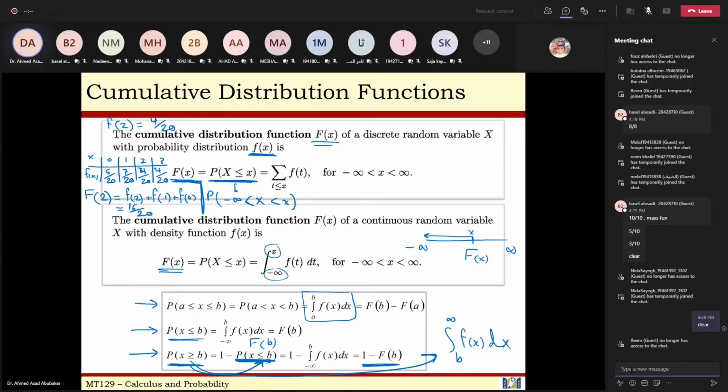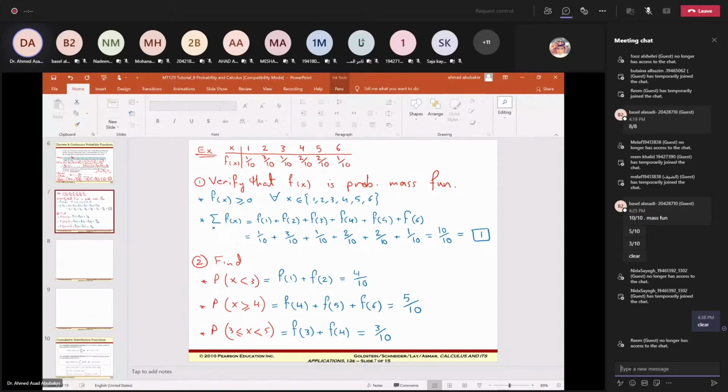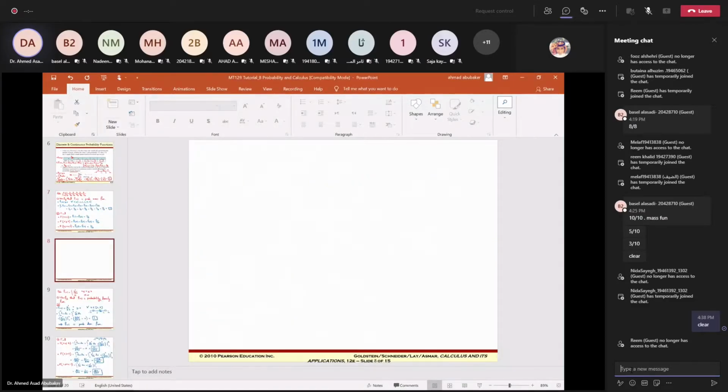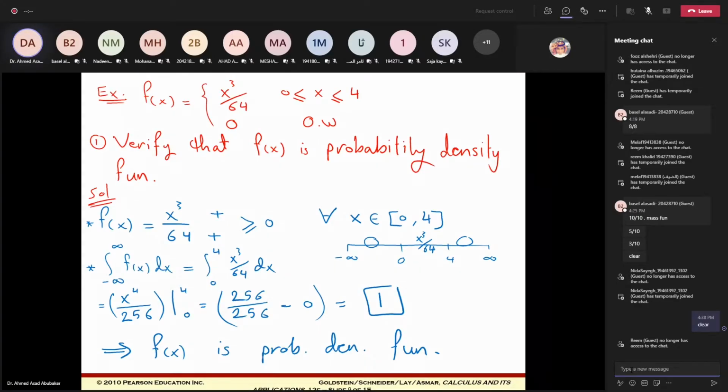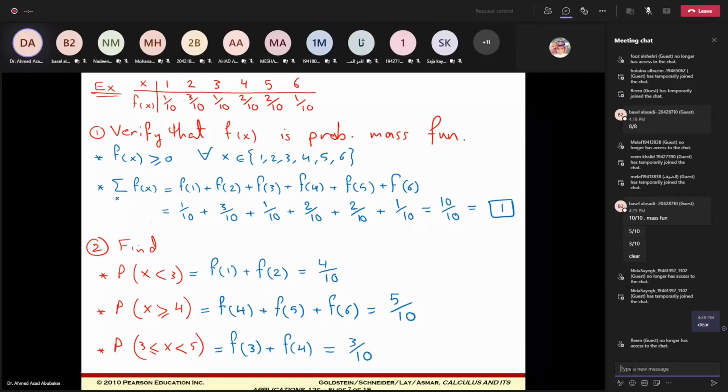Now, how can we find the cumulative distribution for discrete and continuous? Return to the previous example, this one for example. Here we have this table, and we verified that f of x is a mass function and found some properties.